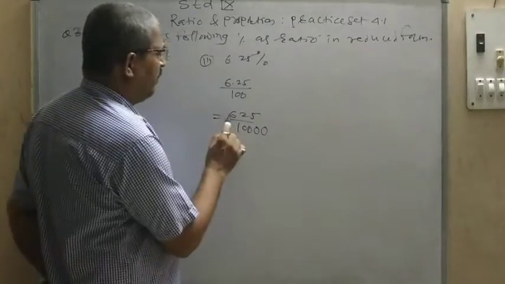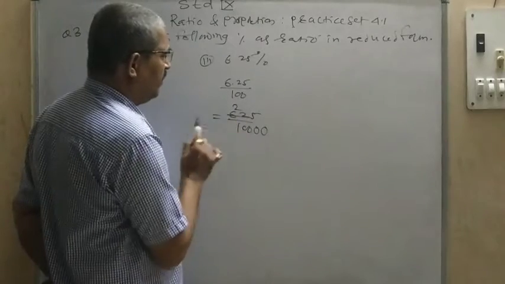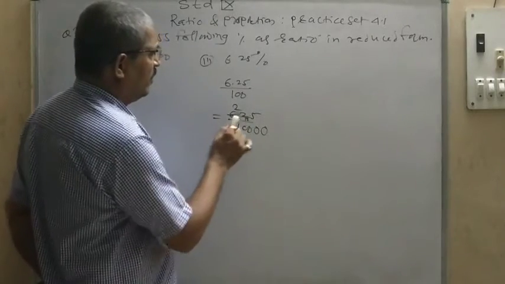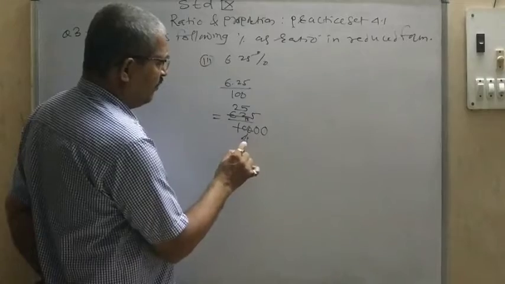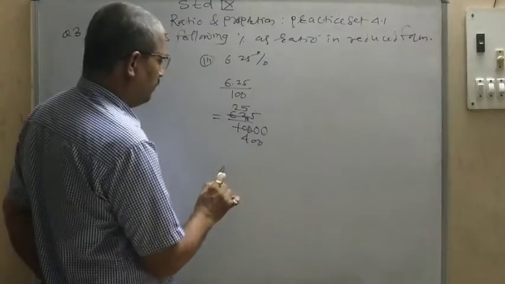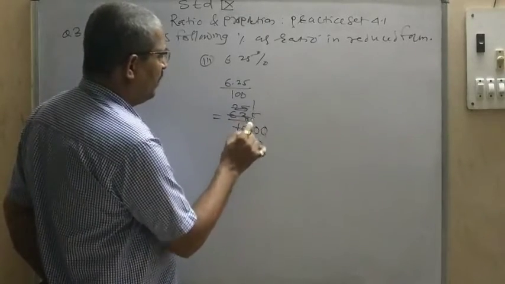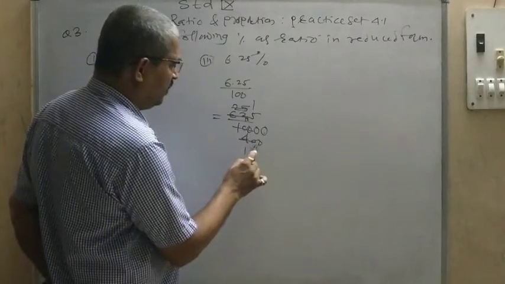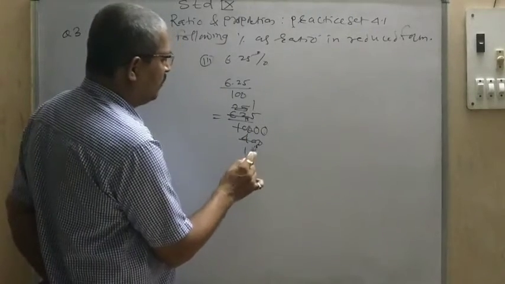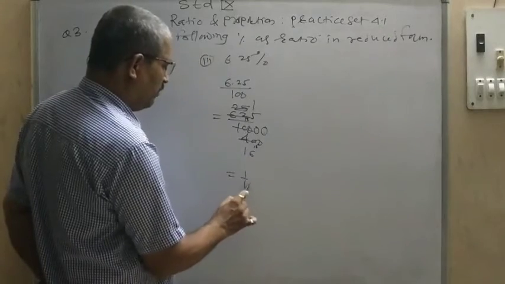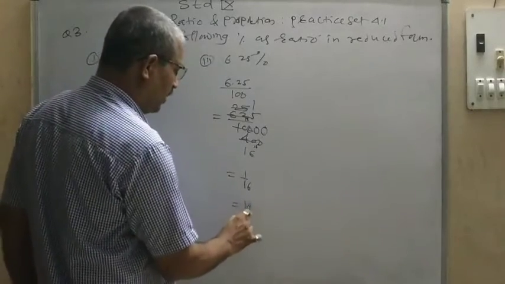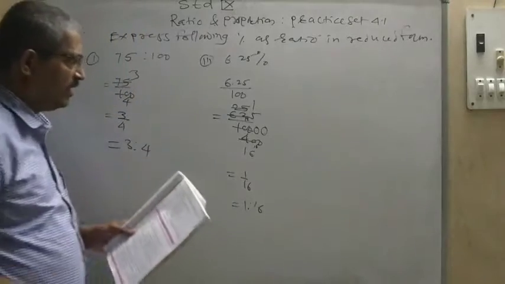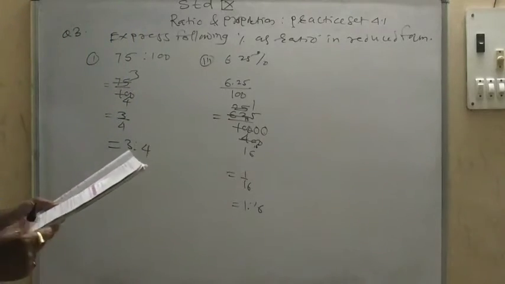Divide by 25. 25 twos are 50, remainder 12. 25 fives are 125, 25 fours are 100. Now again 25 ones are 25. 150 remains, and 25 sixes are 150, so 1 upon 16. That is 1 as to 16 is the answer of question number 3.